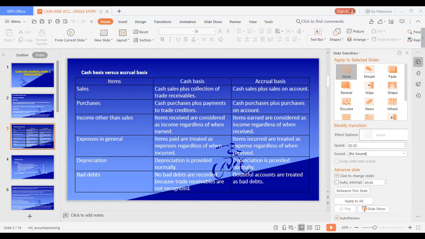Equipment of 400,000 given in the problem, and we deduct the accumulated depreciation on the equipment equal to 80,000. Okay, that's your accumulated depreciation of 40,000. So your equipment initially 400,000, and we deduct the accumulated depreciation on the equipment for a total of 80,000.